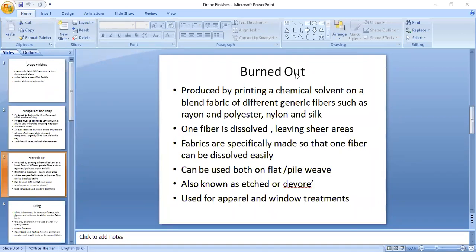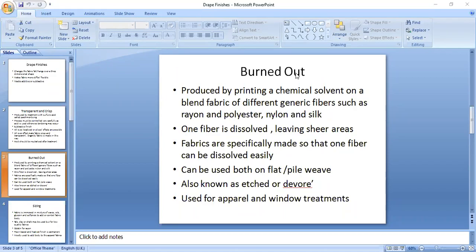After the solvent has removed one of the fibers in the desired areas, the fabric is washed. The wastewater must be treated before discarding because it again has the solvent in it. Some solvents are reclaimed and can be reused, others cannot.